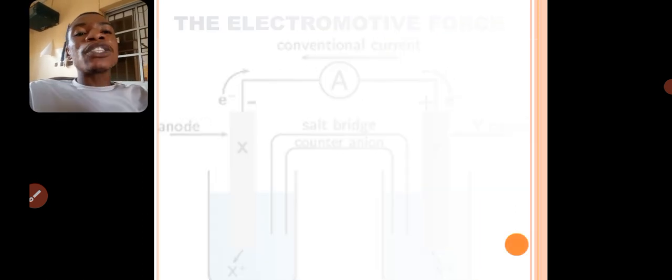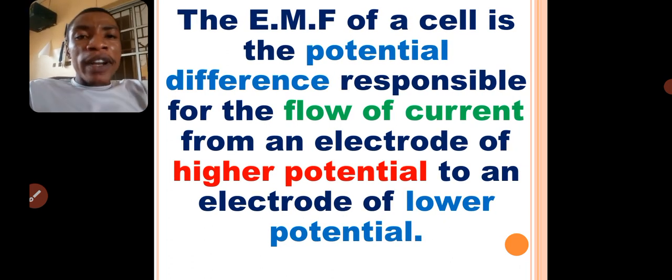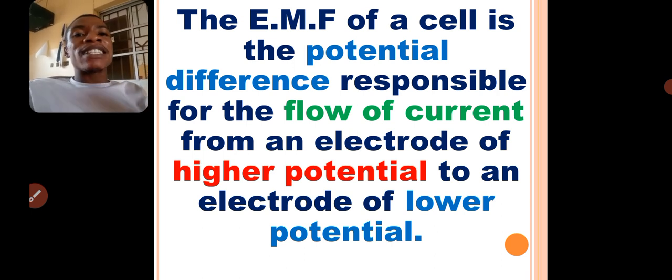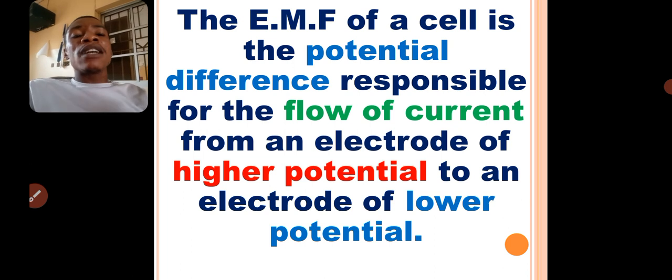So in our definition, we are saying that the potential difference that is responsible for the flow of current, or if you like, the flow of electron, the force that is responsible for the flow of electron, or if you like, the flow of current, is from the electrode of higher potential, that's the cathode, to the one of lower potential, that's the anode.